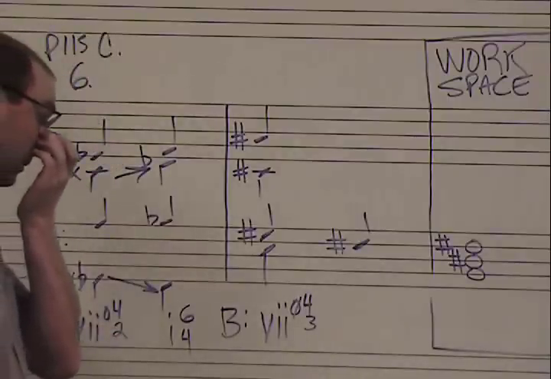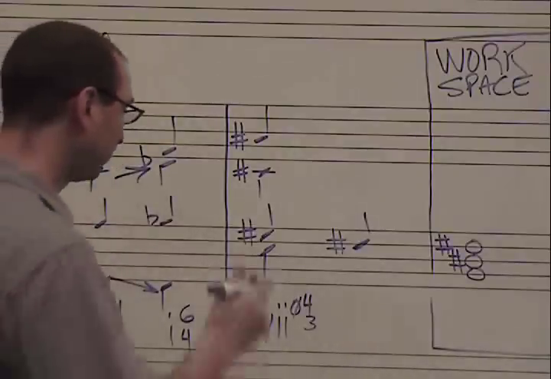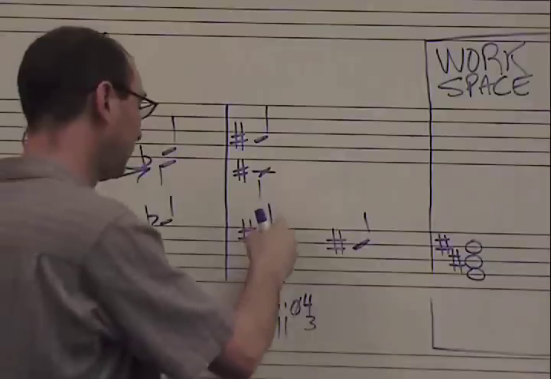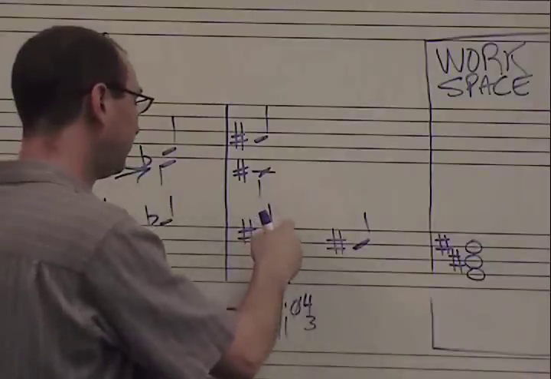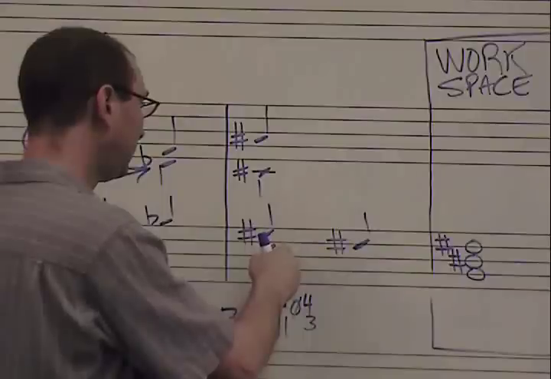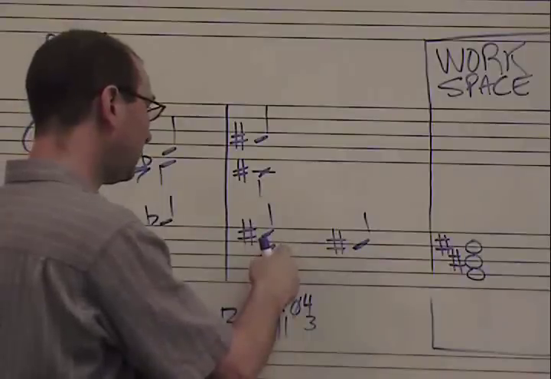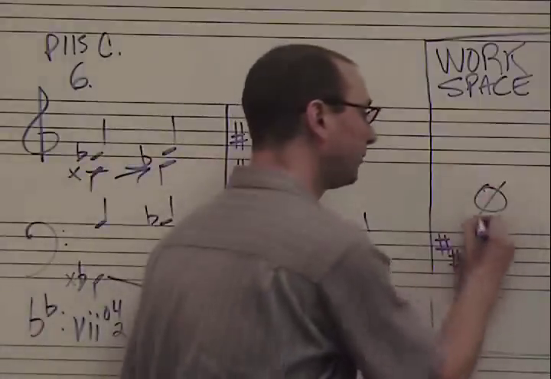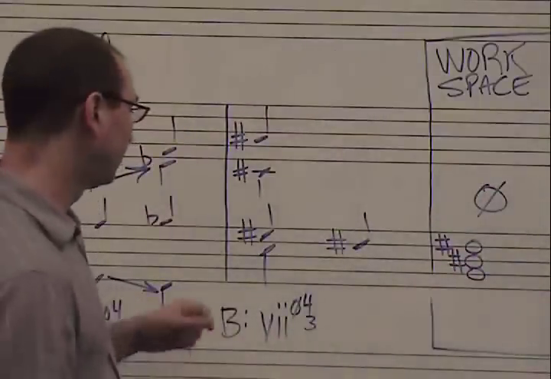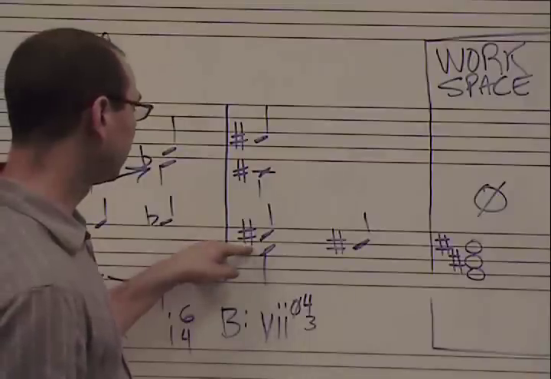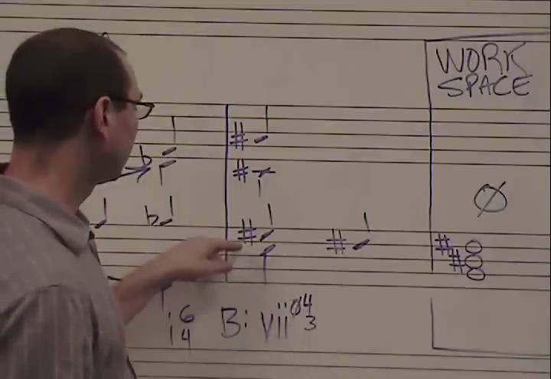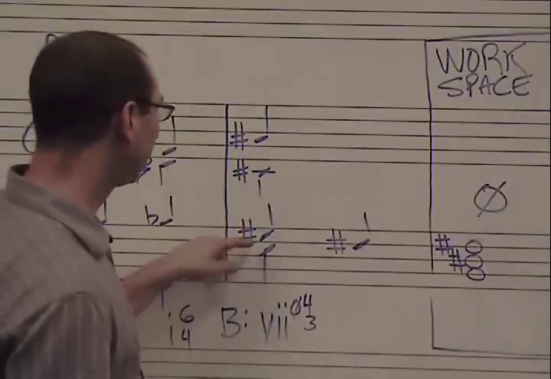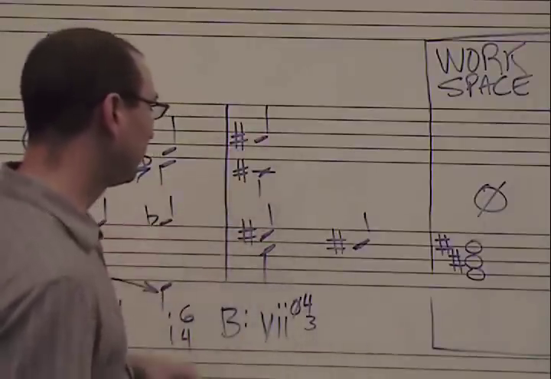Next, let's take a look at tritones in this chord. I have a tritone found here between E and A sharp. Remember that half diminished chords only have one tritone. E and A sharp.